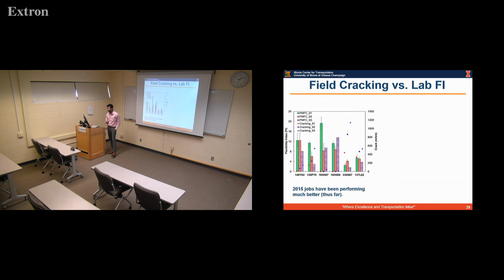When we look into the field cracking of the mixture, the field cores, we see that with aging there was a trend of declining FI, as expected, because the mixes are becoming more and more brittle. In some of the cases, like in the third year, we saw a slight increase, but in general there was a decreasing trend, which was also evident from the cracking data, which showed that the transverse cracking was increasing as you age the samples.